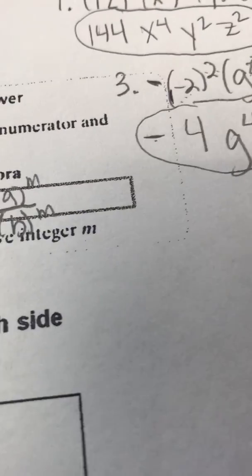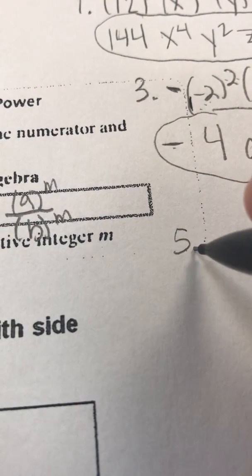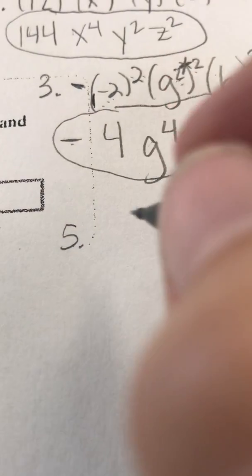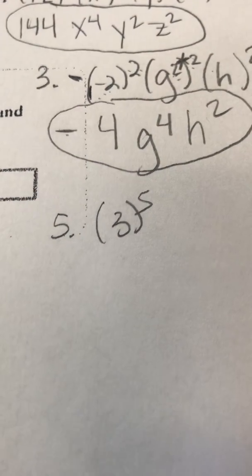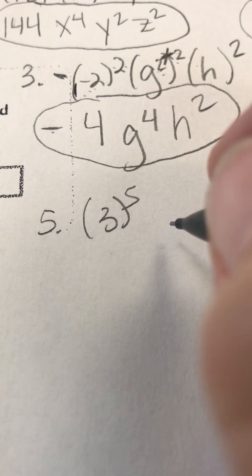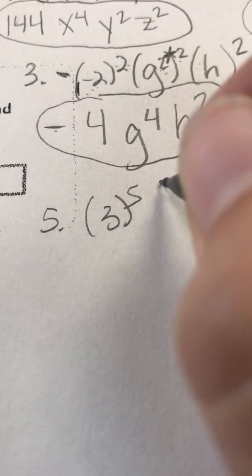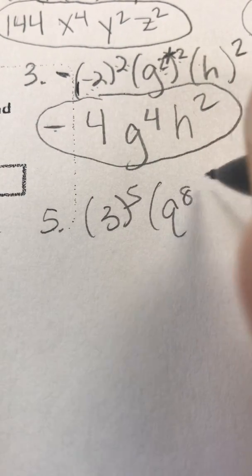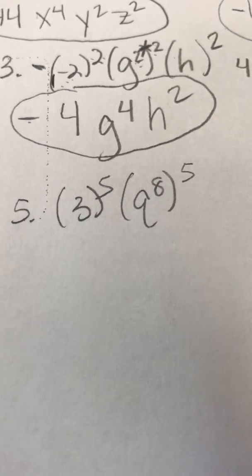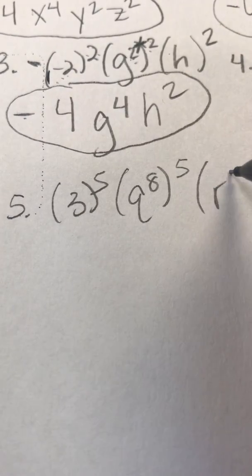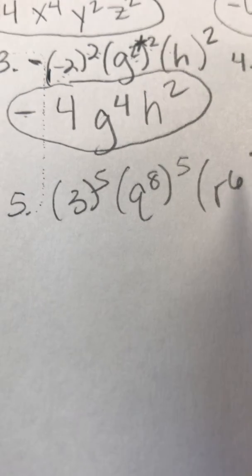So coming on down here, number 5. So that means we have 3, which is raised to the 5th power. And we also have Q to the 8th. Make sure that's all in parentheses. And that's all raised to the 5th power. And then we also have an R to the 6th. And that is raised to the 5th power.